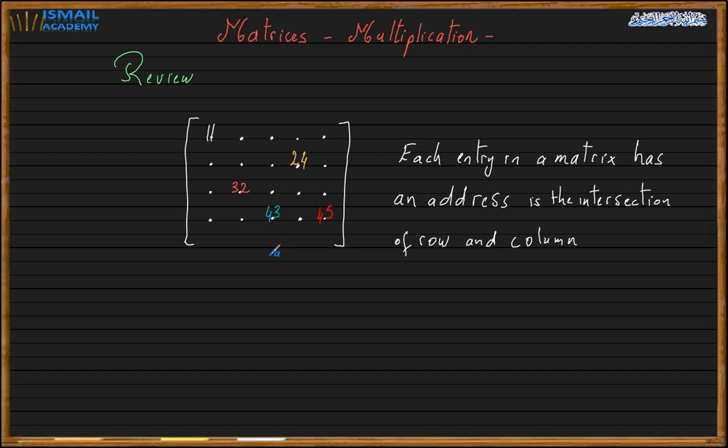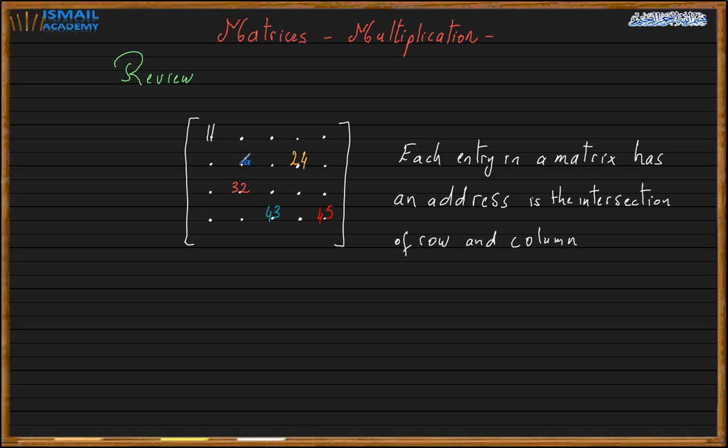So this is what I want you to keep in mind. Each location has an address, and the address is the number of the row in intersection with the number of the column. This point has the address second row, fourth column.